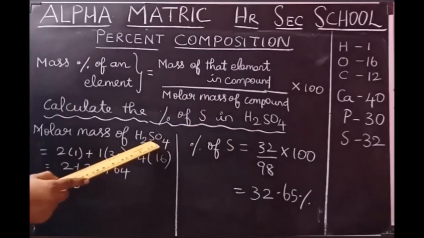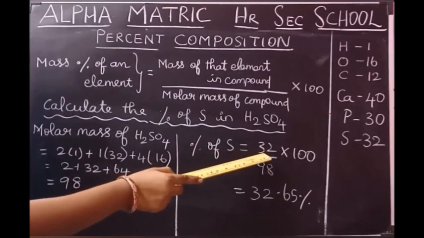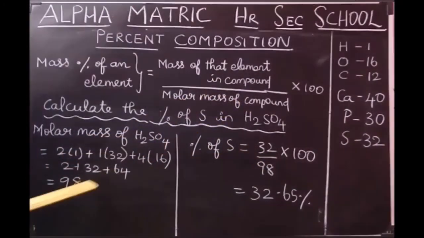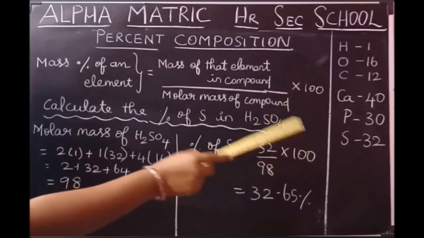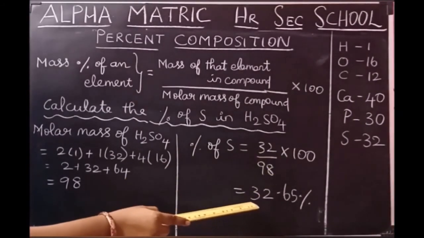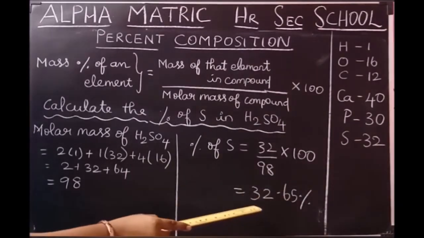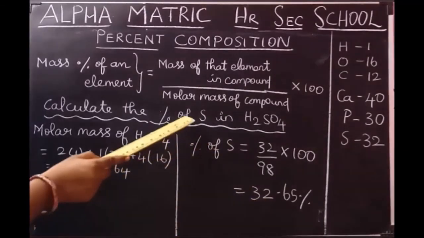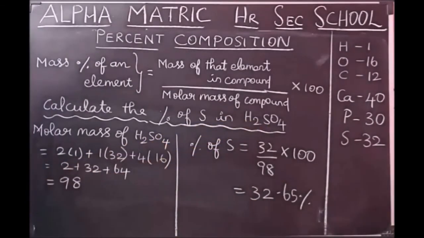Here, only one sulfur, so 1 into 32, 32 by the molar mass of the compound. What is the molar mass? 98. 32 by 98 into 100. We get the answer 32.65 percent. This is the percentage composition of sulfur present in H2SO4.